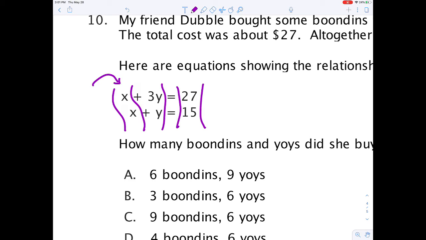I happen to have some luck here that I see x's that are the same. So you are allowed to add or subtract. And you might remember that if they are the same, you subtract. If they are opposite, you add. And you are allowed to multiply in order to make them the same or opposite.